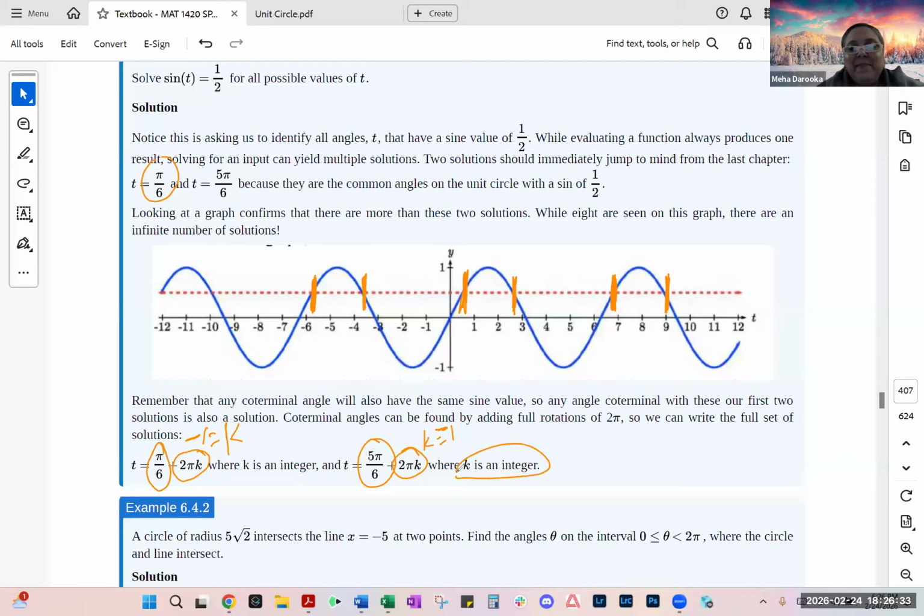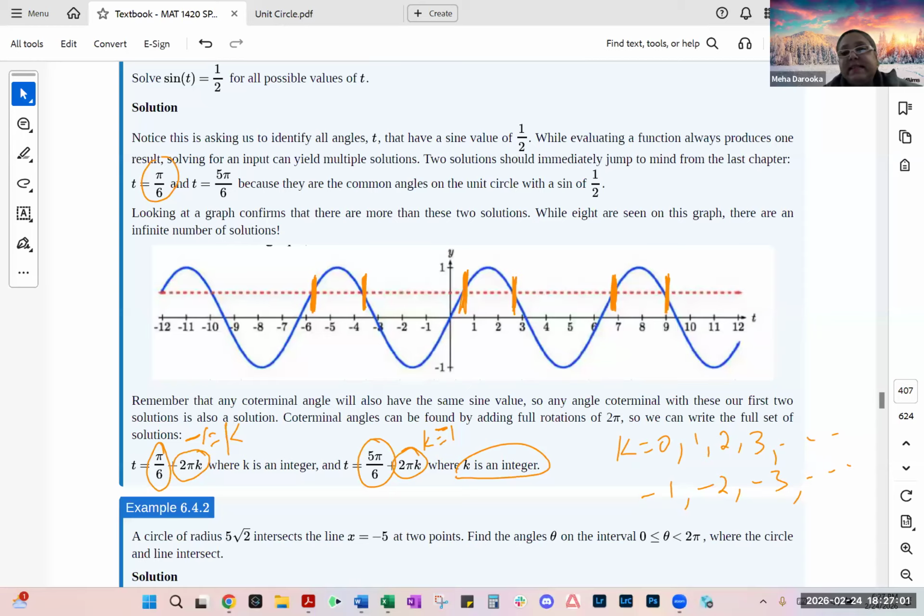So remember, with k being an integer, k can be 0, +1, +2, +3, but it can also be -1, -2, -3, and it just keeps going in both directions, which means you would cover the entire span of the sine function by just writing it out with plus 2 pi times k on both the angles of pi over 6 and 5 pi over 6.